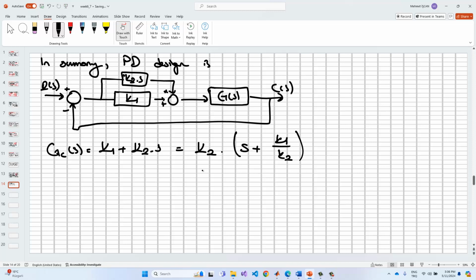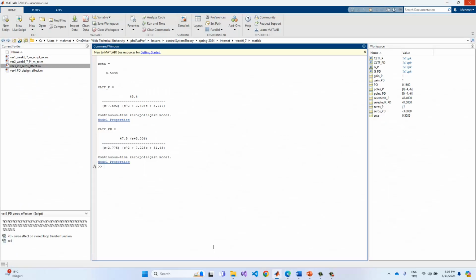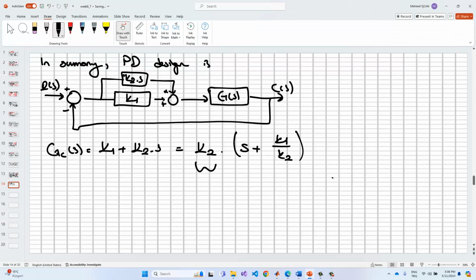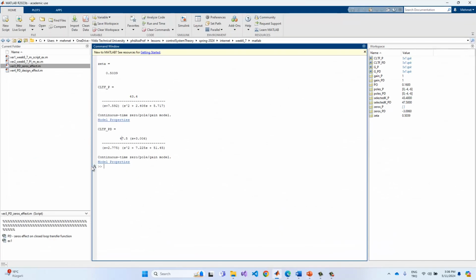In this case, how can we find K2 and K1? Just remember that in the second place we have these terms, right? 47.5, which means that these values equal 47.5. And so this is also equal to 3, right? Because in the system we have s plus 3, right?